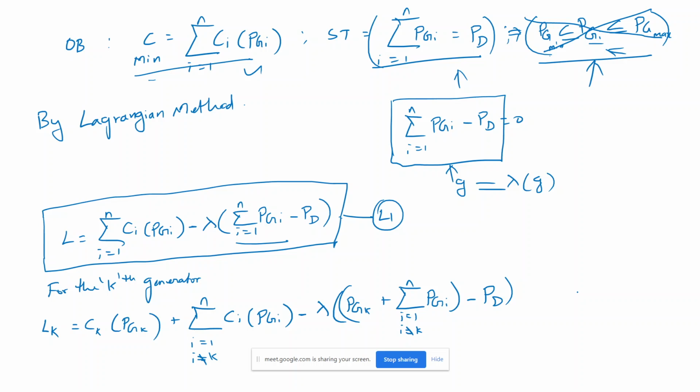I have simply removed Pgk separately from this equation. Everything else is the same.